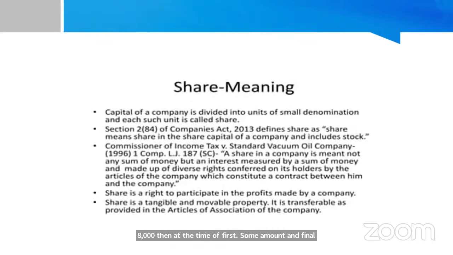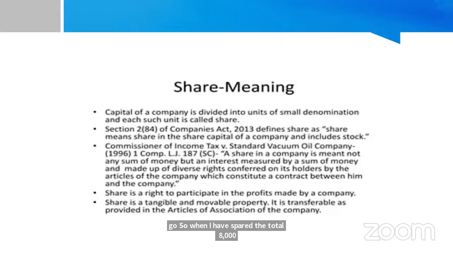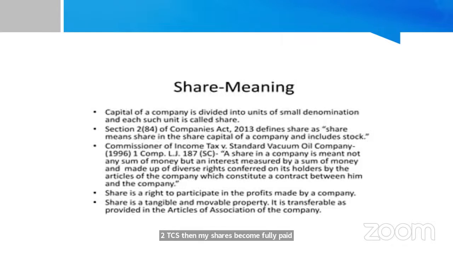When I have paid the total 8,000 rupees to TCS, my shares become fully paid up shares. That means I have paid the total amount that is due on me to the company, and my share is called a fully paid up share.